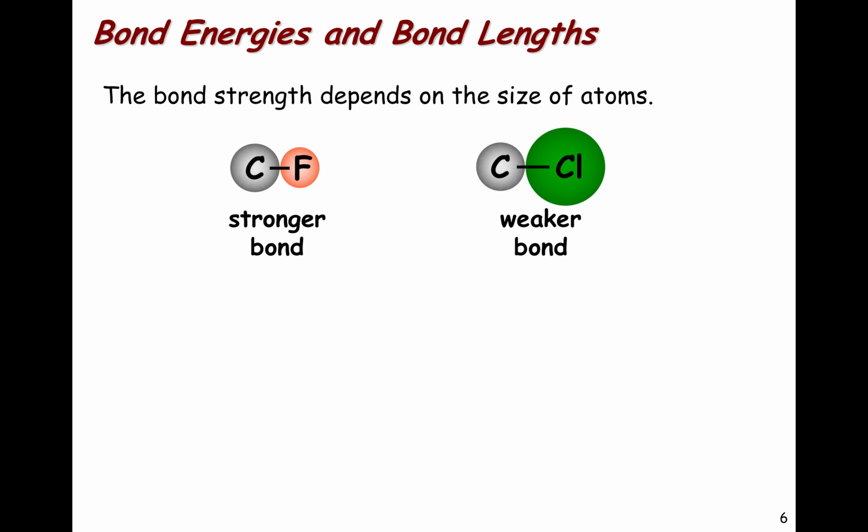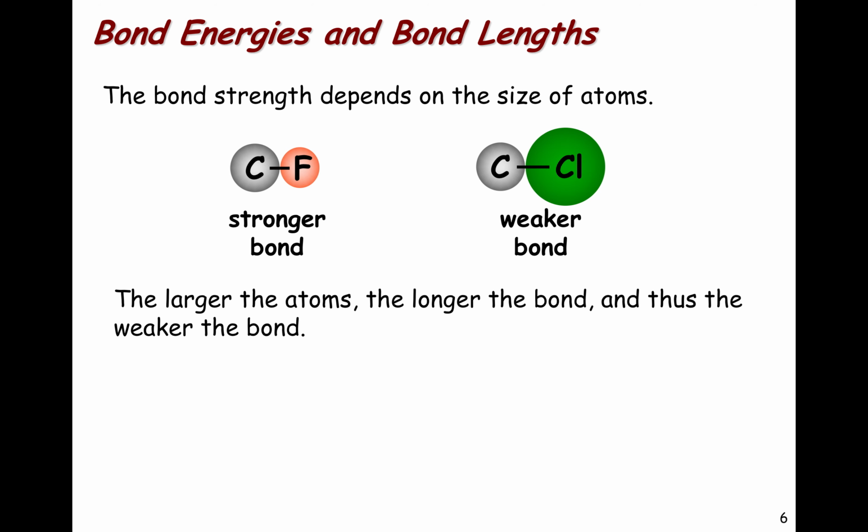So we would predict that the distance between a carbon and fluorine in a C-F bond would be shorter than that of the bond between carbon and chlorine, and therefore we would expect that the C-F bond would have a stronger covalent bond, or in this case a polar covalent bond, than the C-Cl bond.